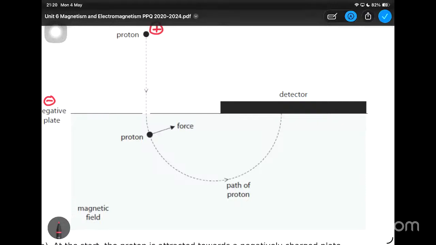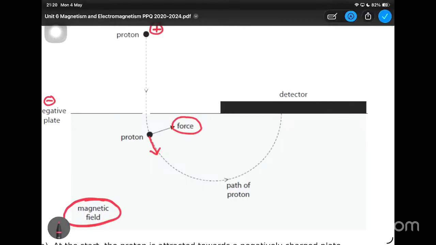So as soon as you see these data points, force is given and the direction of the path is given. And here you can see there's a magnetic field being also applied, right?